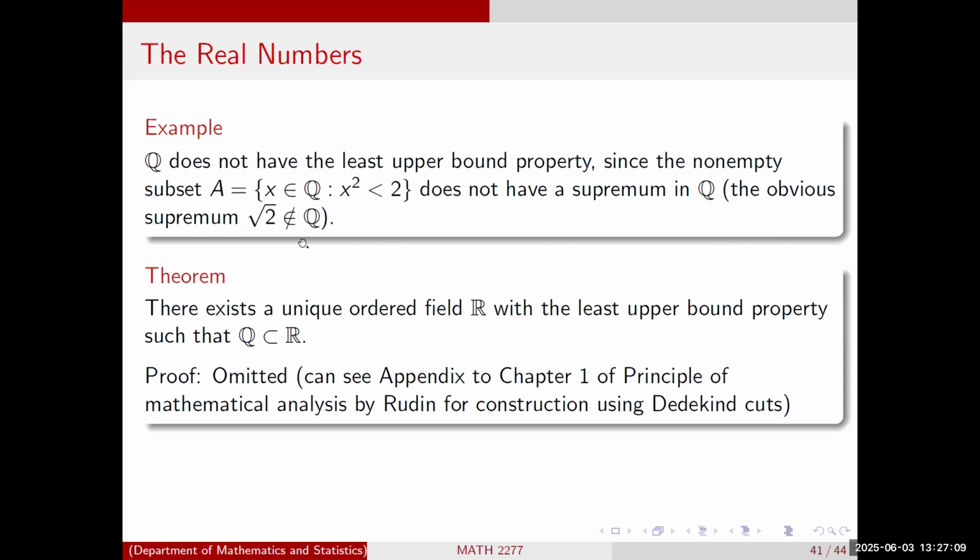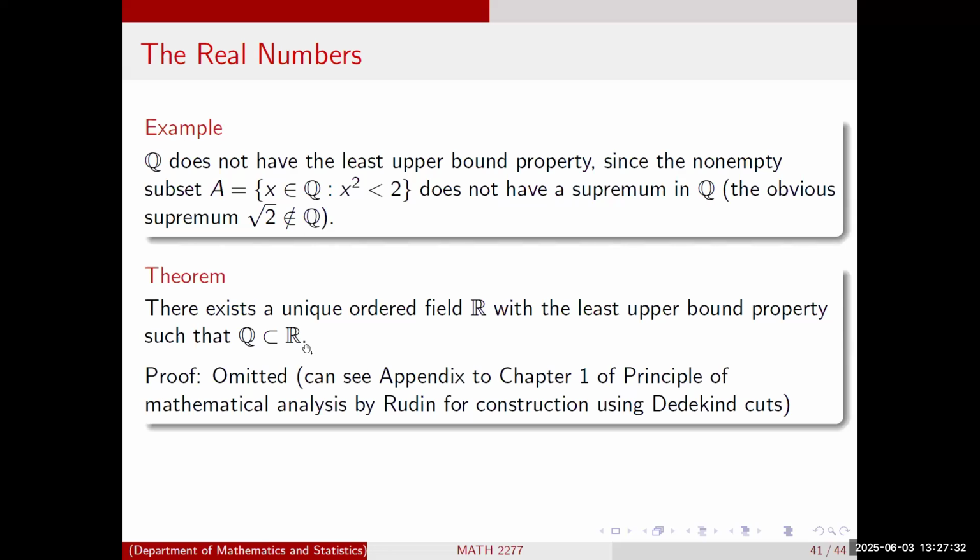So among these fields or these sets that you have encountered, which one has this nice property? That is given by this result, this theorem. There exists a unique ordered field R with the least upper bound property or the completeness property, such that it contains the rational numbers.